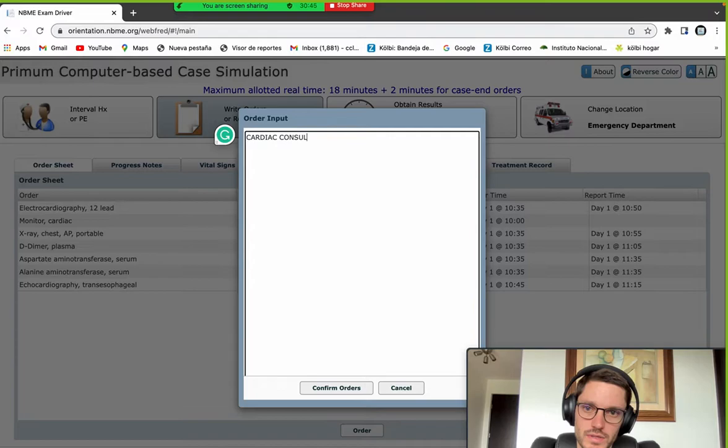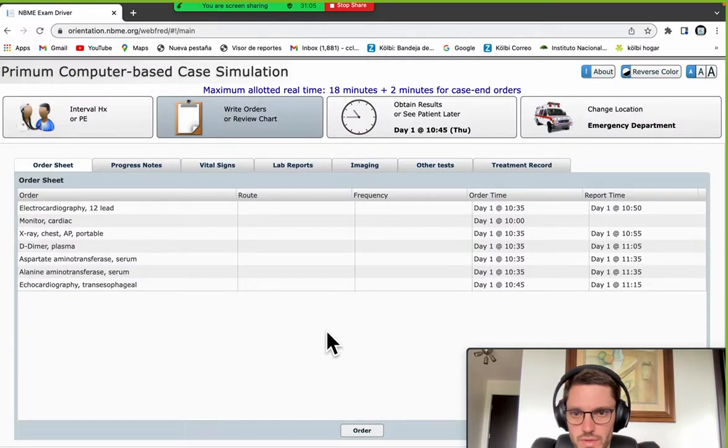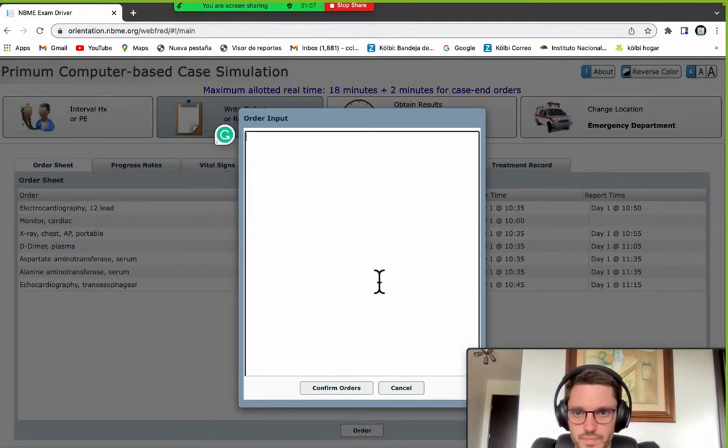Cardiac consultation. What we need is, let's see, it's the ascending aorta. Cardiovascular consultation. Cardio, no, surgery.